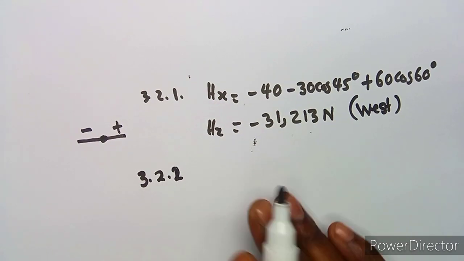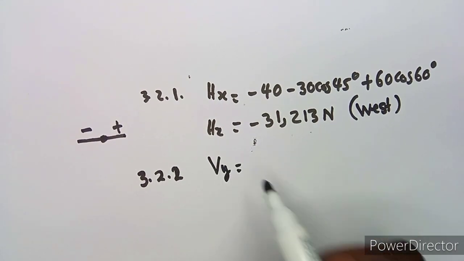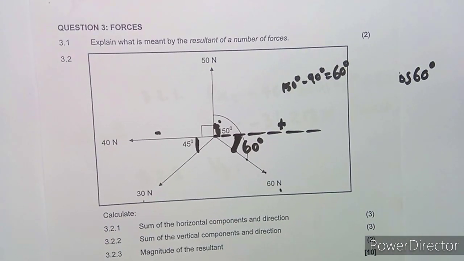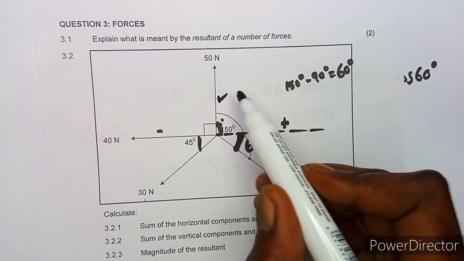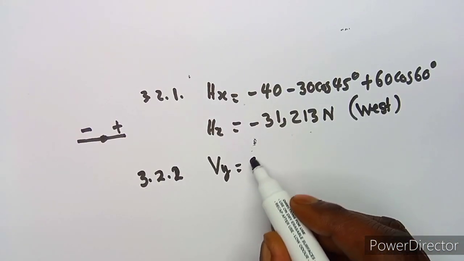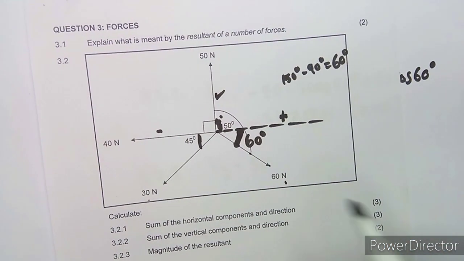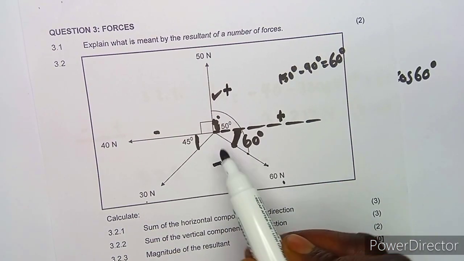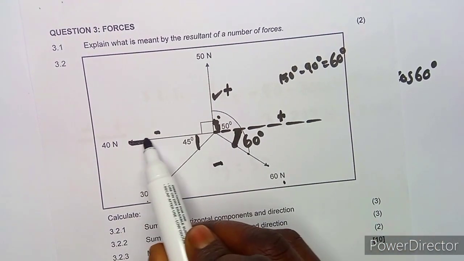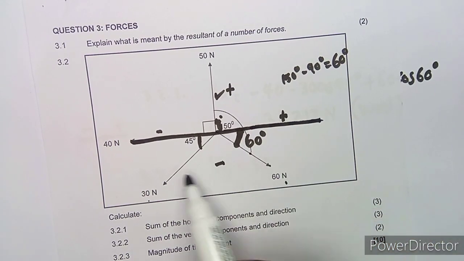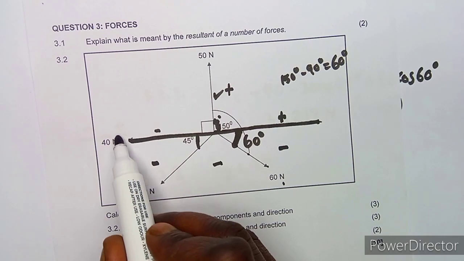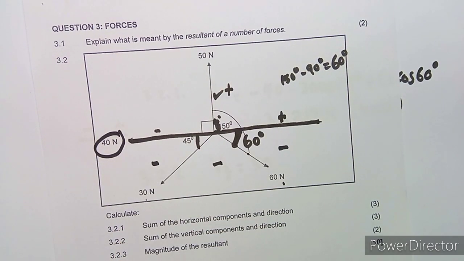3.2.2 in this case, we've got the vertical component, which is going to be the ones that use sine. So already remember, this is our straight vertical component, so you're just going to take that one direct as it is, which is 50. All right, and also for vertical, you know that on top it's positive, below it's negative. Below this line, as long as anything is below this line, it carries a negative in the vertical, and this one cannot be a vertical component, guys.